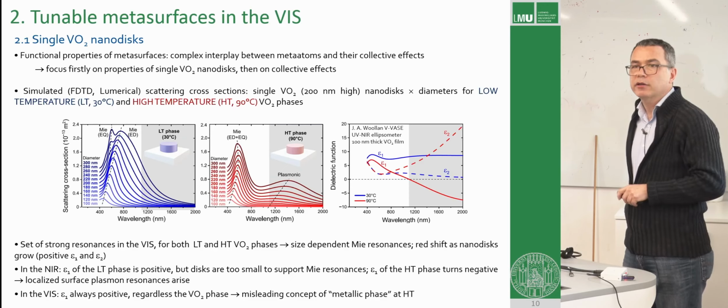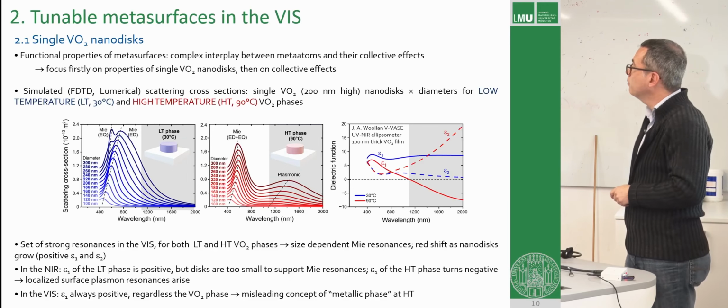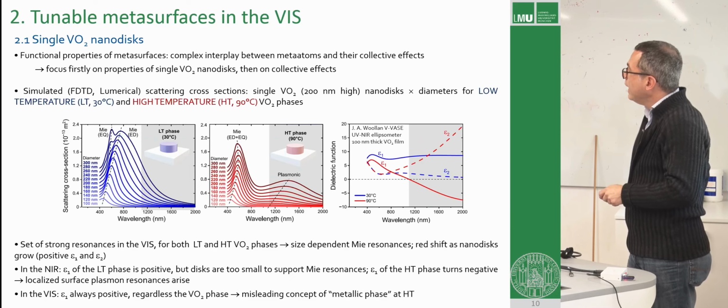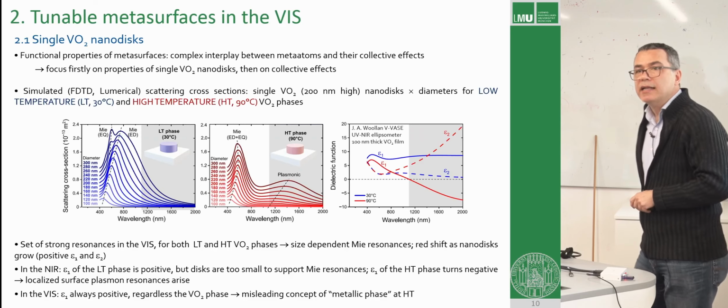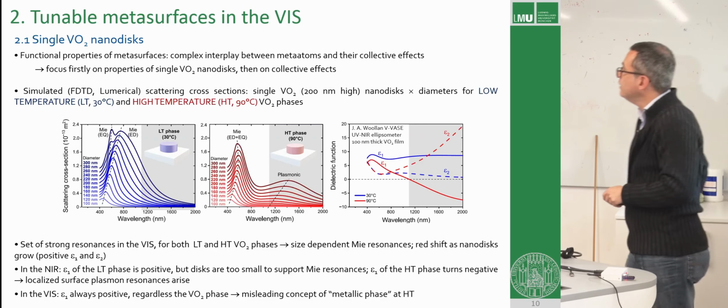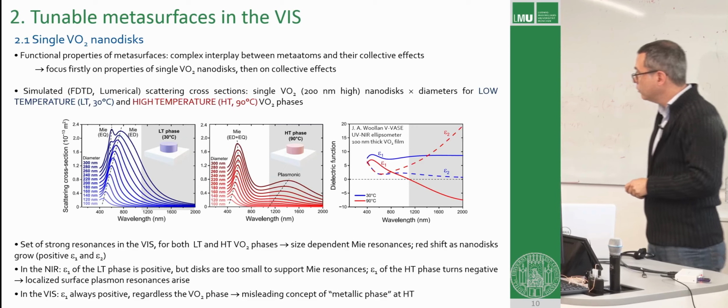Larger particles scatter more light than smaller particles. And we see that as the size of the disks increases, there is a red shift of this resonance. This resonance is the Mie electric dipole resonance induced in these individual disks.